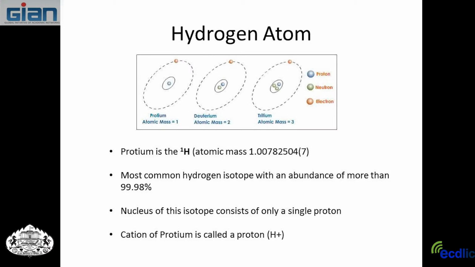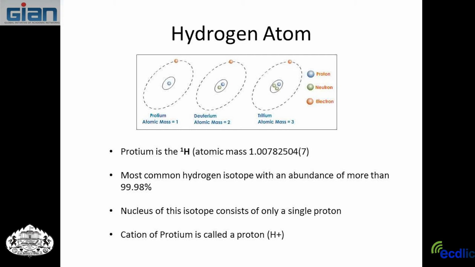So let's look at the hydrogen atom. Protium is the hydrogen atom with a mass of 1. Deuterium, I'm not sure if I'm saying that correctly, has an atomic mass of 2, and tritium has an atomic mass of 3. So these are just different ways the hydrogen atom can exist. I'm not a chemist or a physicist, so these are just my rough understandings of it.